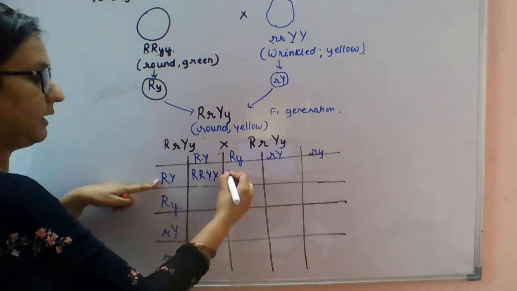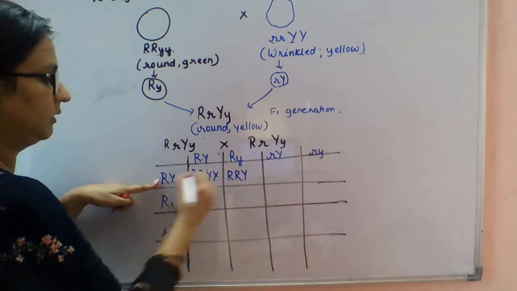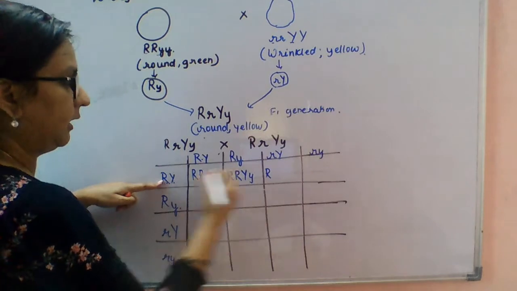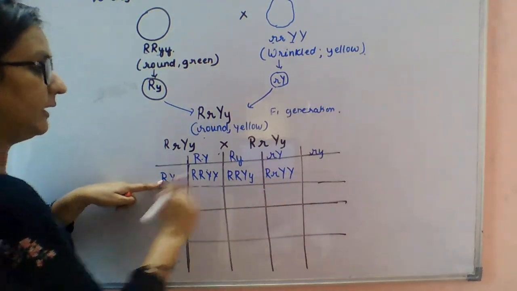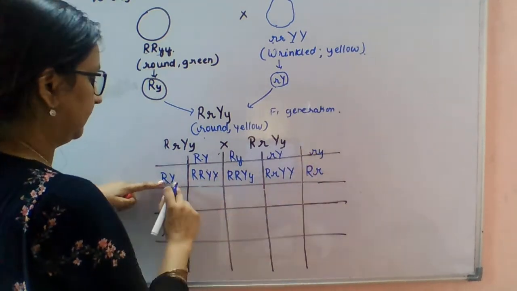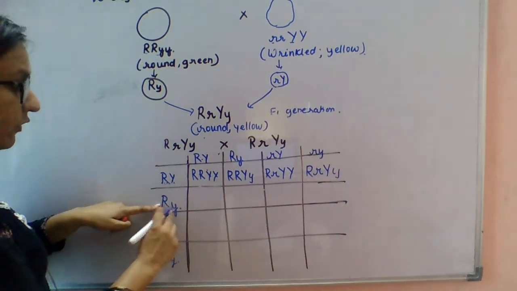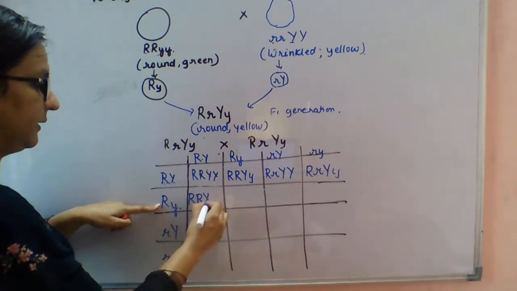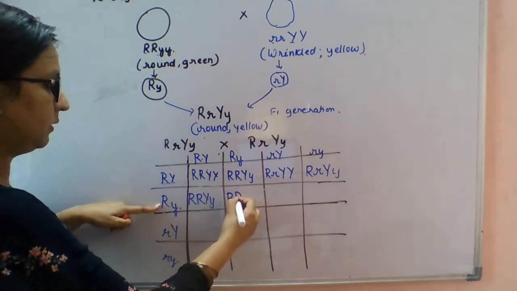And now R, R, capital Y, small y. Again capital R and then small r, capital Y, capital Y. Capital R, small r, capital Y, small y. From here, capital R, capital R, capital Y, small y. All of you do this by your own.